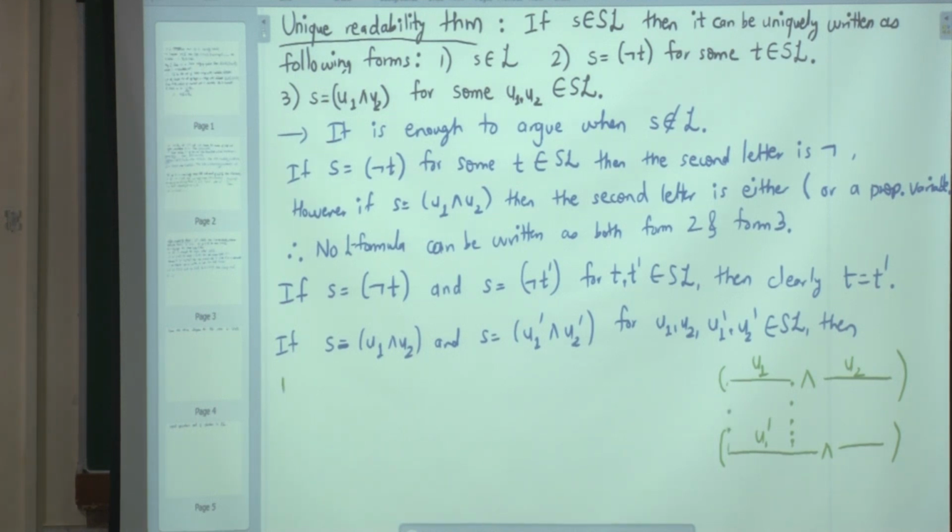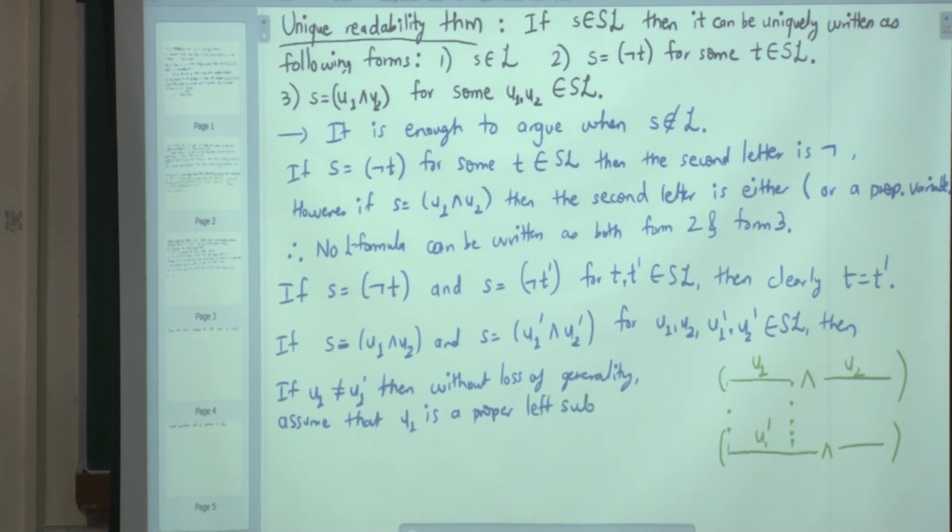If U1 is not equal to U1 dash, then without loss of generality, assume that U1 is a proper left subword of U1 dash.